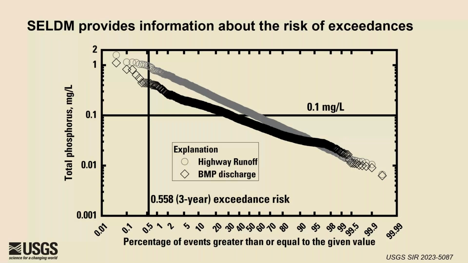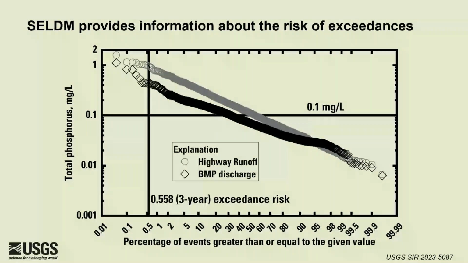This type of plot has probability on the x-axis and a log scale y-axis showing total phosphorus concentration. A graph like this allows us to ask questions like, what is the risk of exceeding a certain concentration threshold, such as 0.1 milligrams per liter, which we have here in our horizontal line.